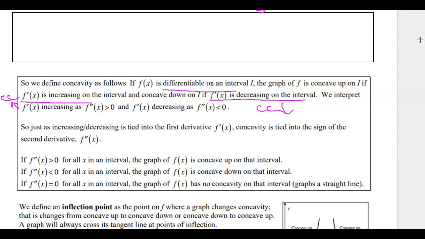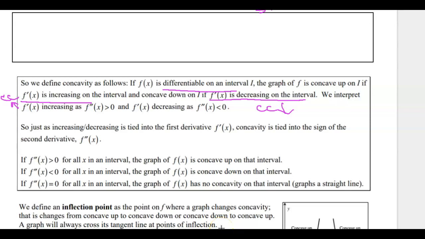If you want to know if the y values are increasing, you do the first derivative, because the original is the y values. If you want to know if your slopes are increasing or decreasing, you take the derivative of the slope. Well, slope is the first derivative, so increasing or decreasing would use the second derivative signs, okay? So this is just all in notation.